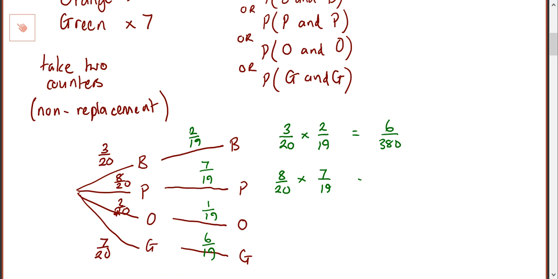So it's 6 over 380. 56 over 380. So 2/20 multiplied by 1/19. So 1 over 3.